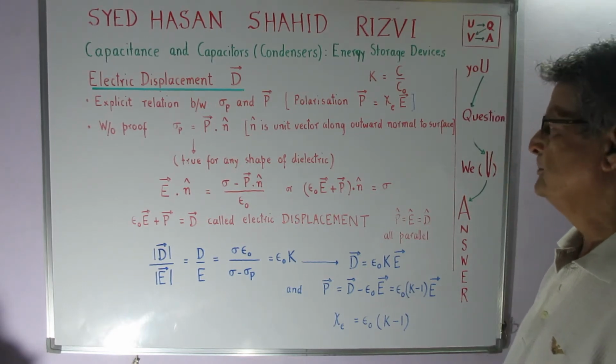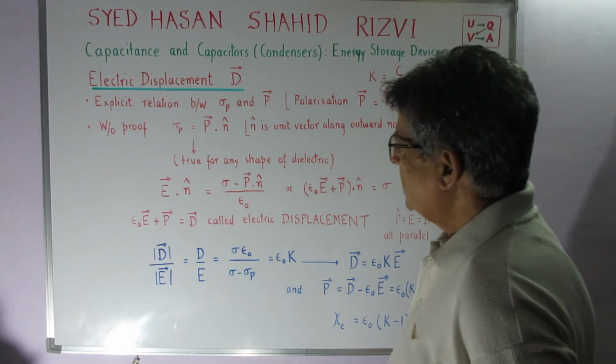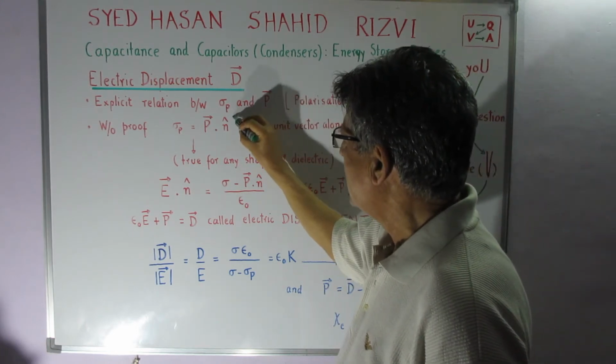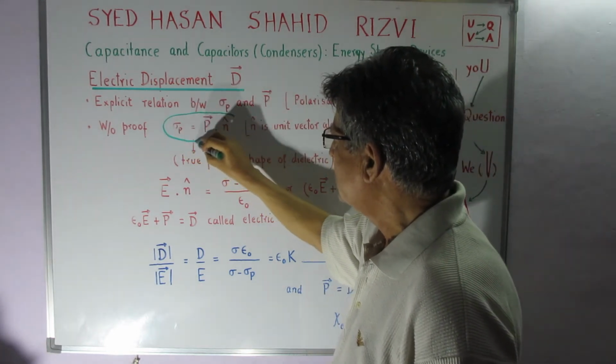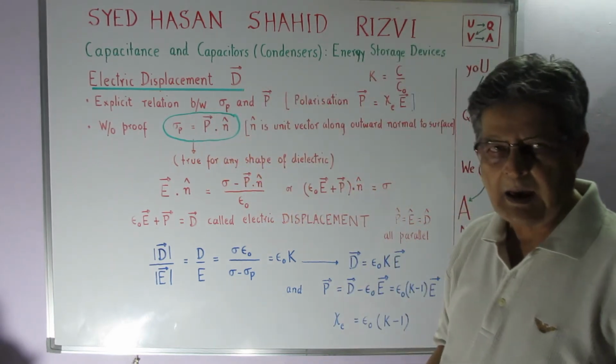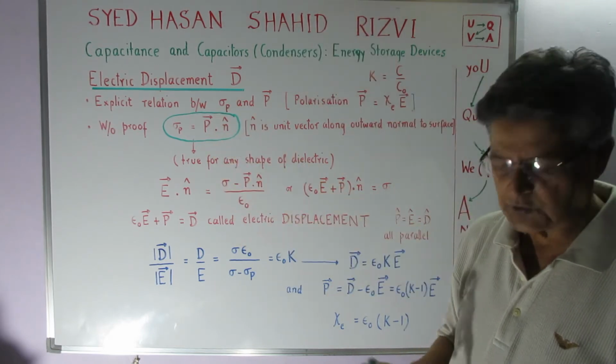Anyway, now we are going to define sigma P as the dot product, vector P dot n cap, without proof, of course.